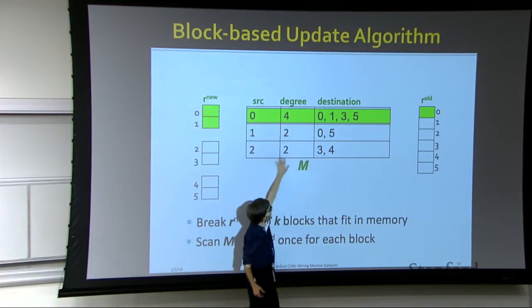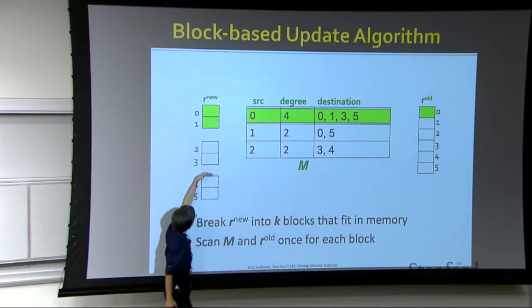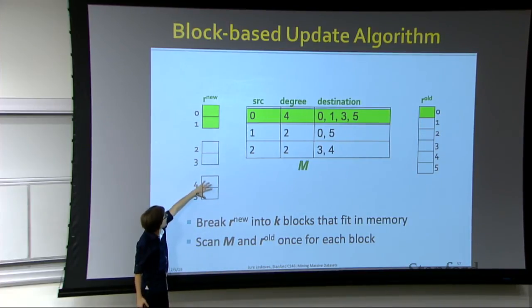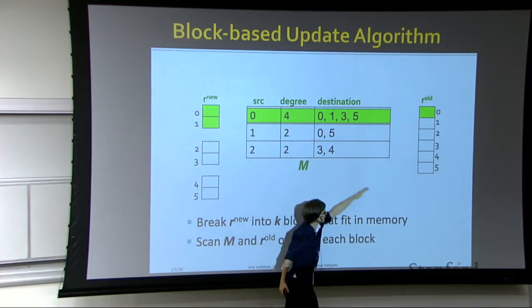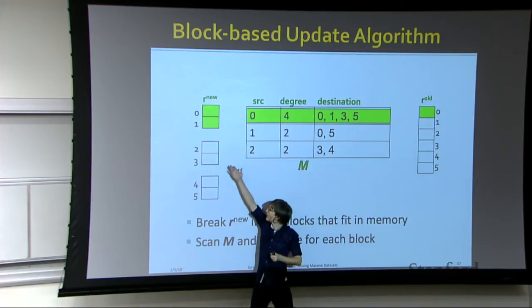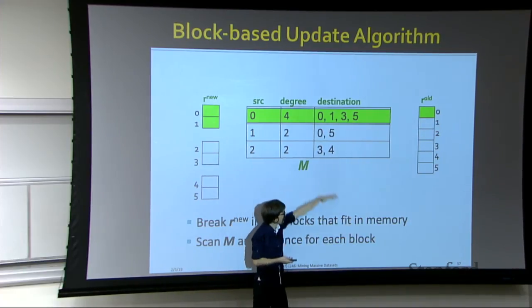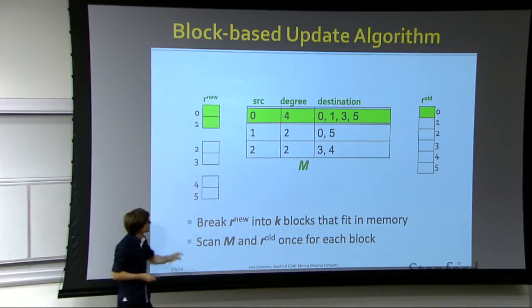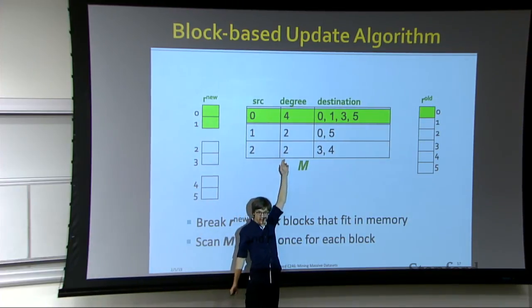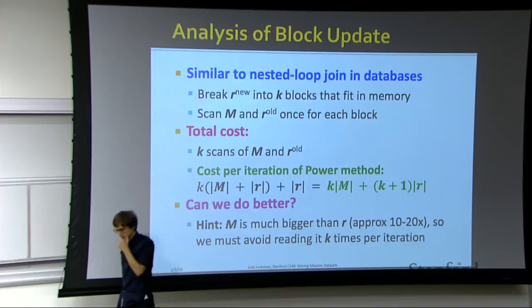Before, I had my matrix, but I only partitioned R into these blocks, right? The idea was that I load one block of R and do one pass over this to update that block. And then I take a new block and another pass over to make the update, and so on. Now I will also change the layout of matrix M. So let me show you how to do that, right?